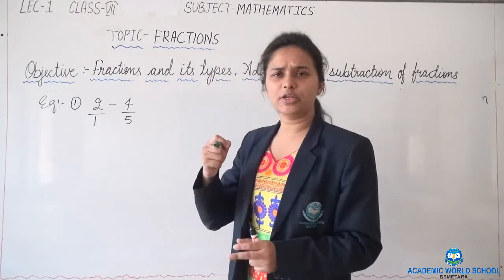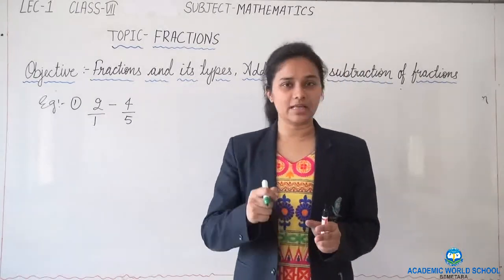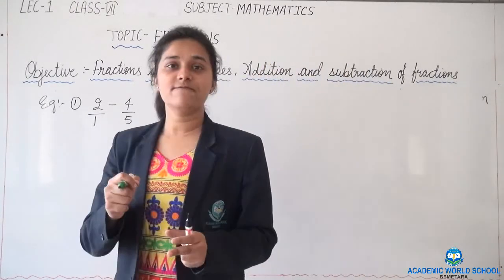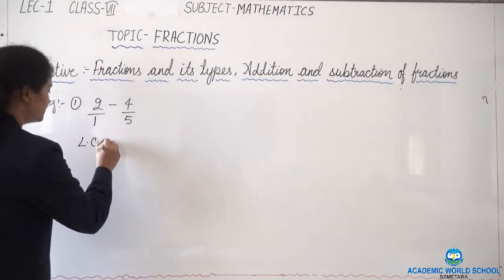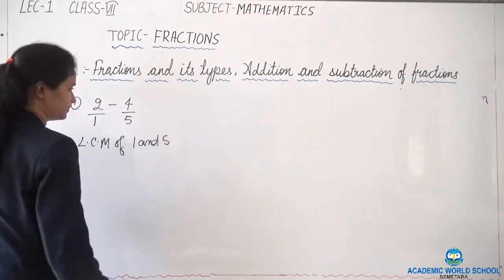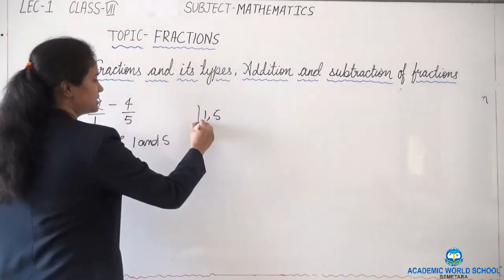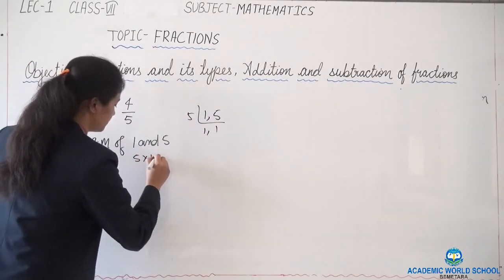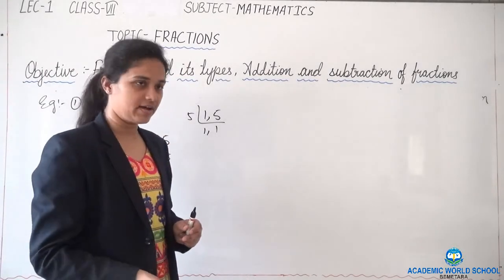So the very first rule here is to convert the unlike fractions into like fractions by finding the LCM. So we will find the LCM of 1 and 5. Very simple. What will be the LCM? 5 into 1. I got the LCM of 1 and 5 as 5.